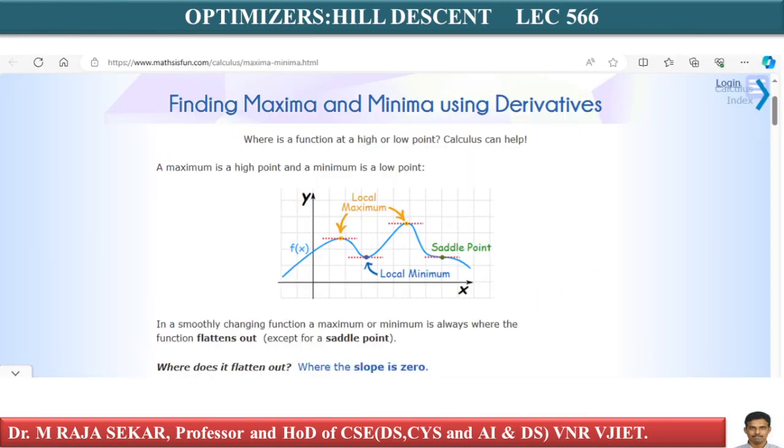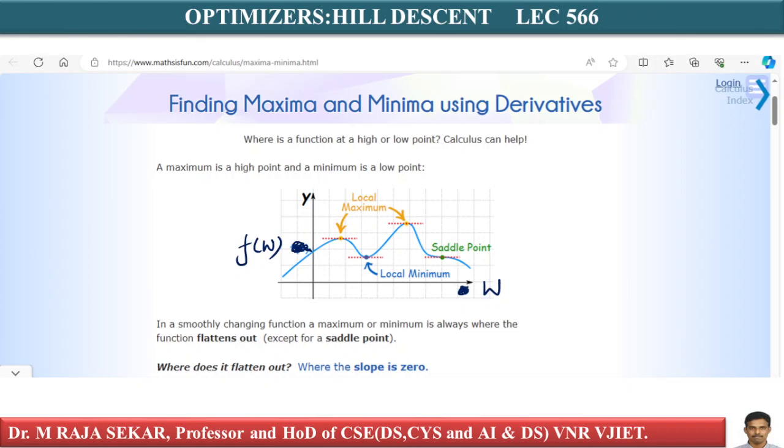Just go to this particular site, mathsfun.com. Suppose instead of x-axis I'm taking this as w, and my loss function, let me say this is L of w, a function of w, isn't it?